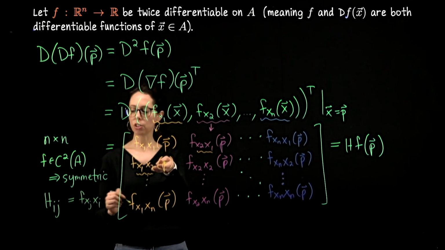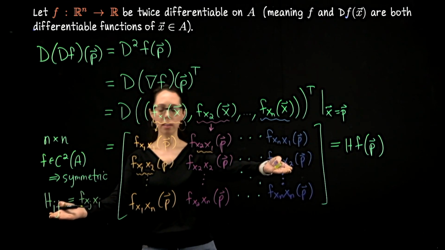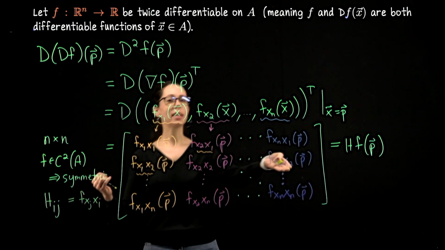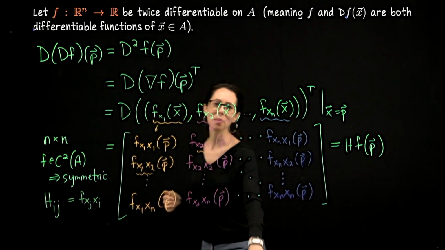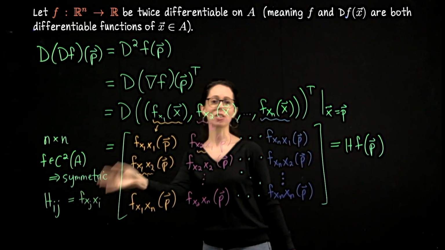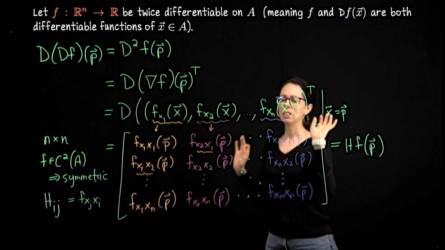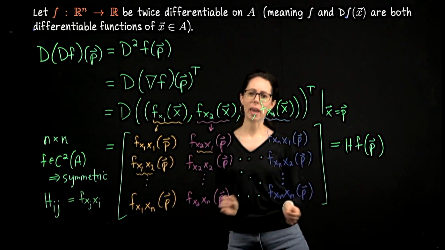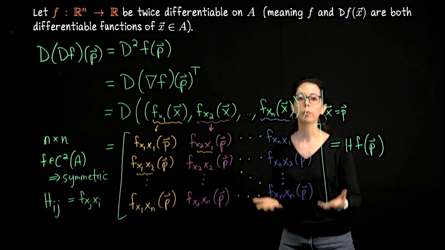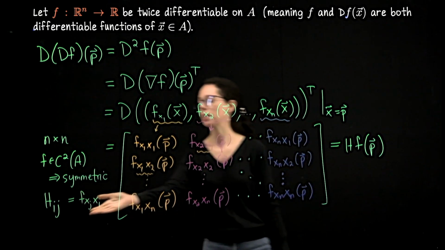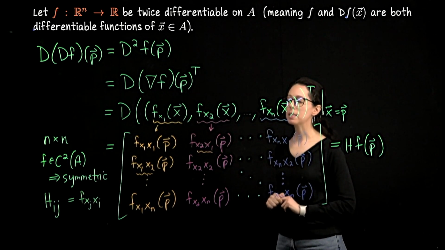So if you look at the entry in the second row nth column, it's F sub xn x2. Of course, with Clairaut's theorem, you could say it's F sub xi xj, and typically that would be the case. Typically, if we're looking at a nice function, we would conclude that it was C2 and we would have a symmetric matrix. But I want to mention this because we'll see this form again in just a few minutes.